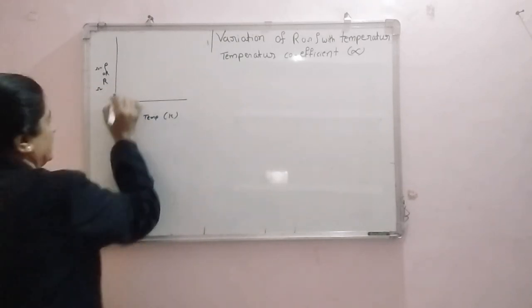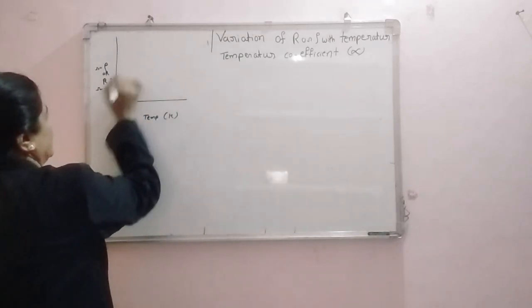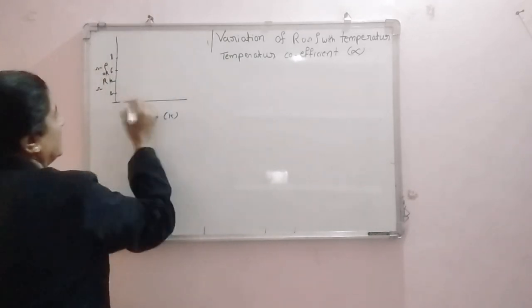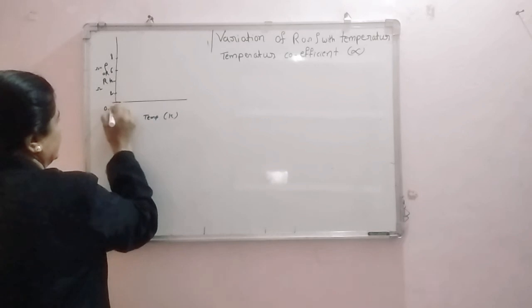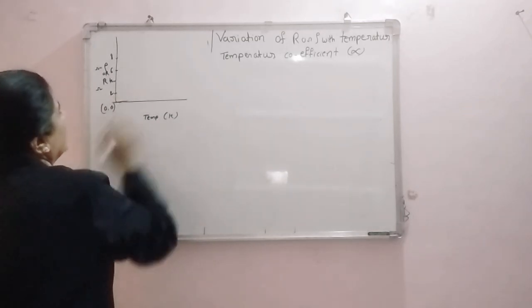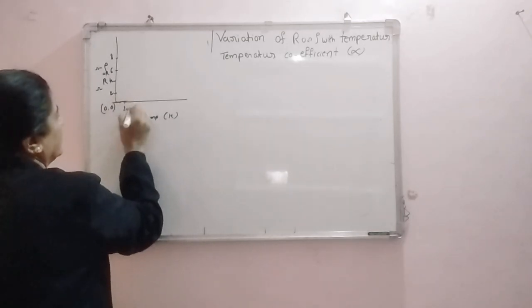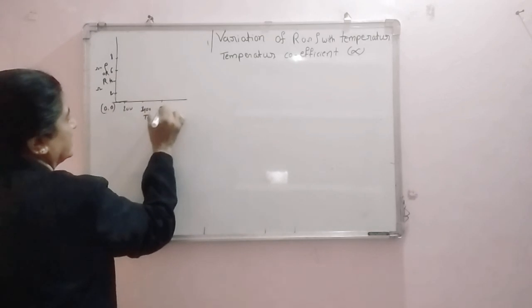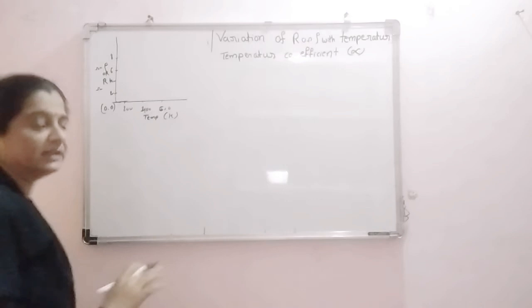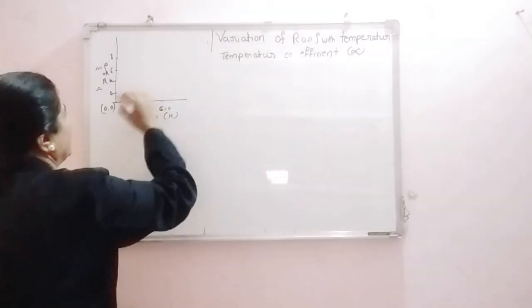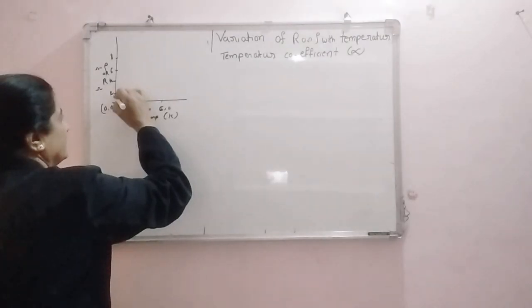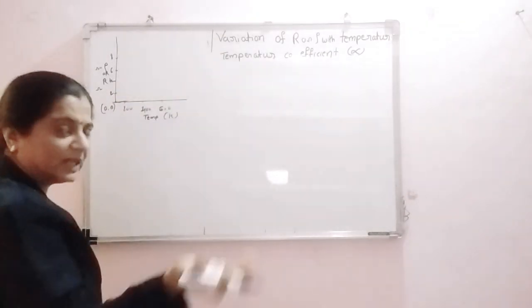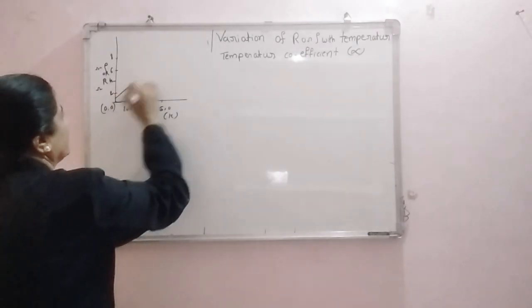You will get values like 2, 4, 6, 8 and so on, and temperature 0, 200, 400, 500, 600, in Kelvin. If you draw the graph, you will get the resistance. If you consider the initial temperature as 0 degree Celsius or 0 Kelvin, then you will get the linear graph.